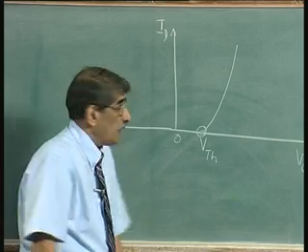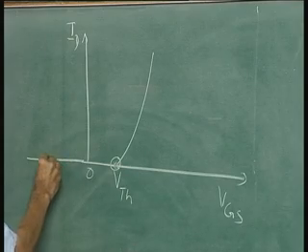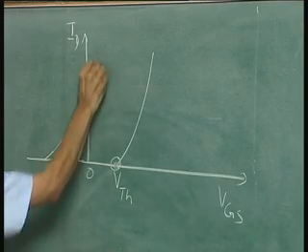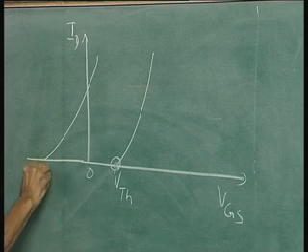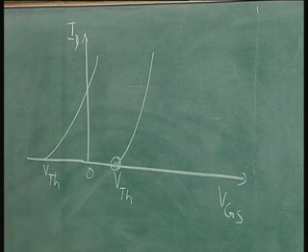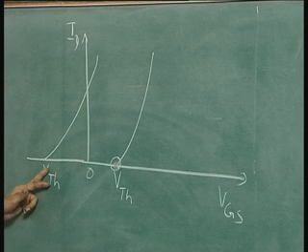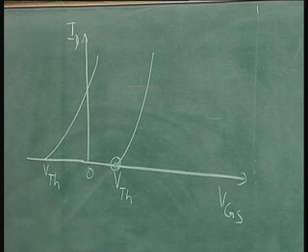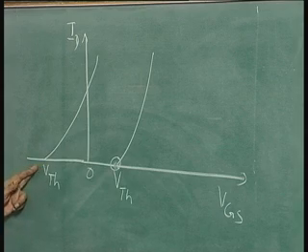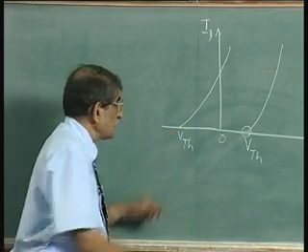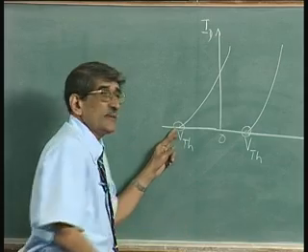Now, if you take a depletion type of device, that is the characteristic. You have threshold voltage here, which is negative. Now, I apply a voltage which is below the threshold. So, around this point, how will the characteristics be?